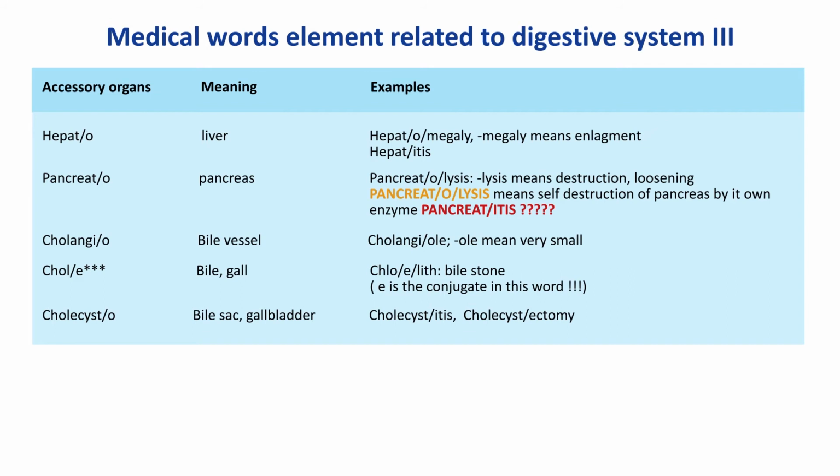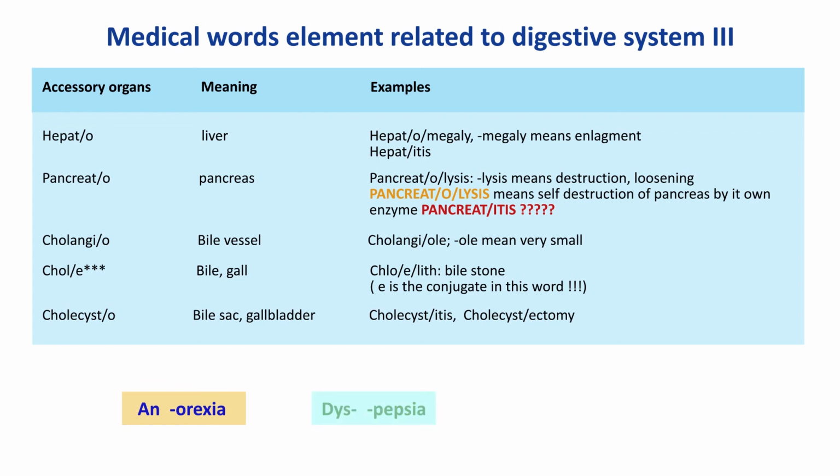Some commonly used elements in the digestive system that you will see so often, like anorexia. Orexia is a suffix meaning appetite. An means no. So anorexia means the patient has no appetite for eating.